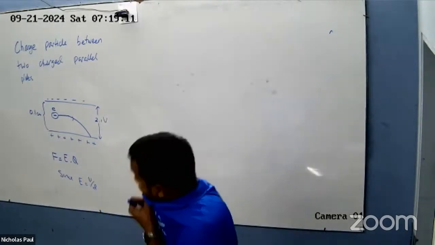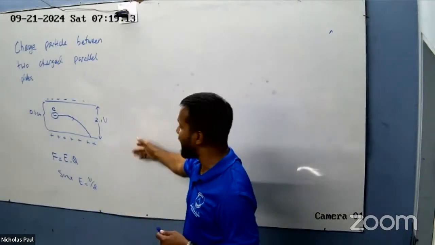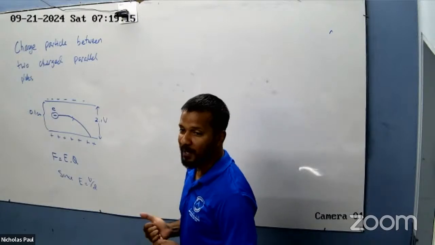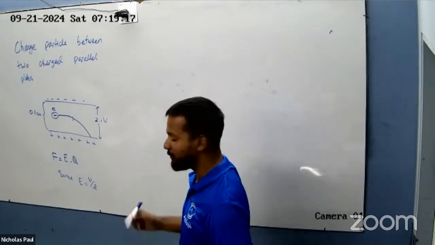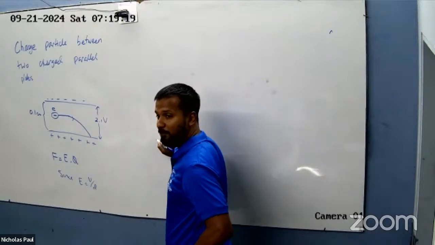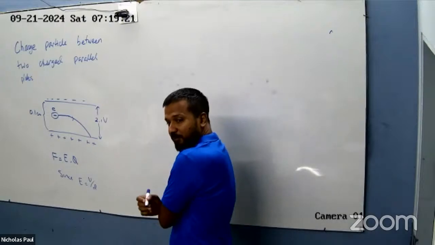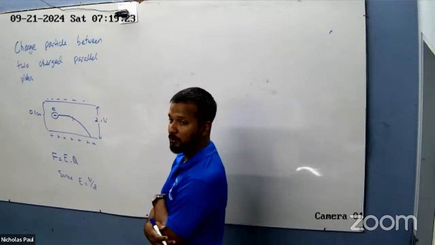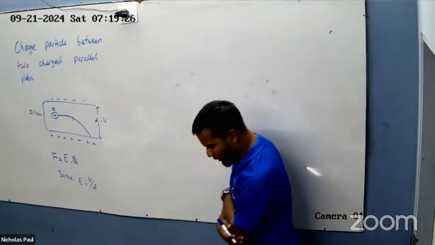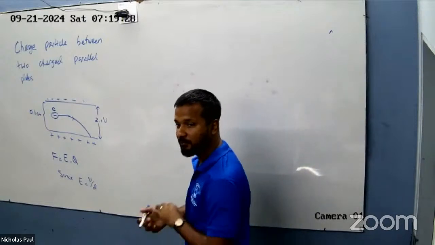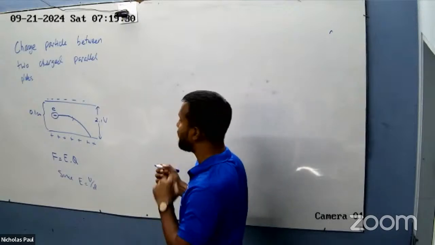All right, so we need to go back here and prove this, right? We need to go back here and show the path is parabolic. So we started with trades. Right, so first thing is what?